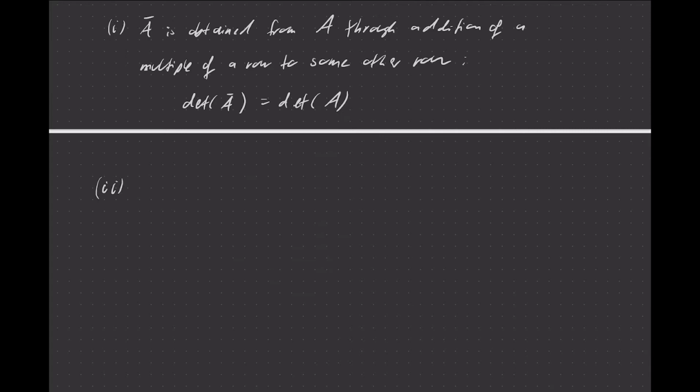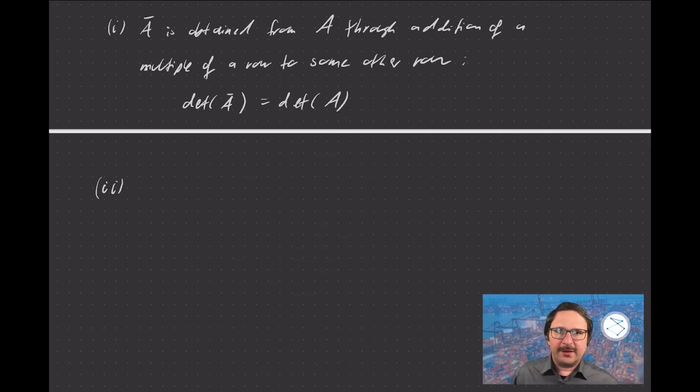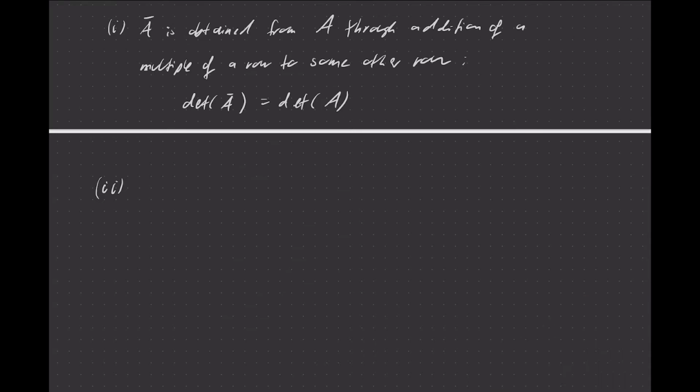Second, a little more complicated, if we just want to multiply a row by some constant, some lambda, without subtracting or adding it to some other row, then the value of the determinant will change, and it will change by precisely that constant.